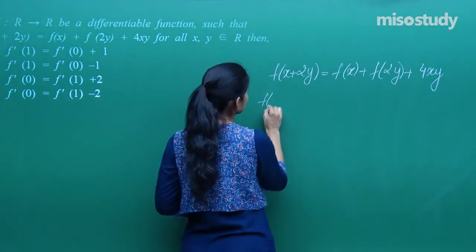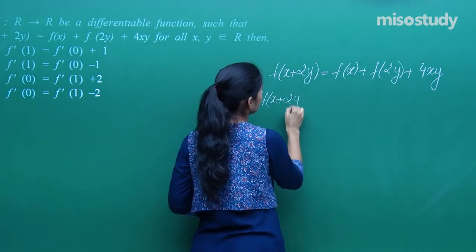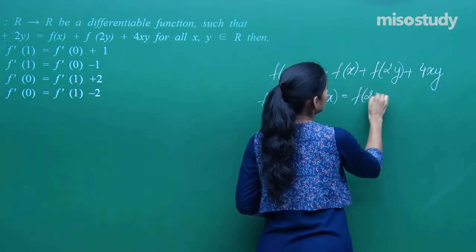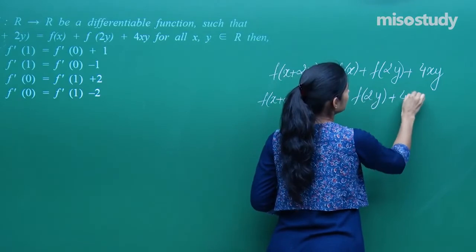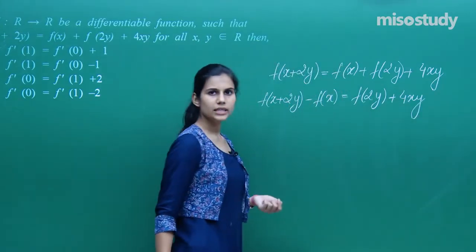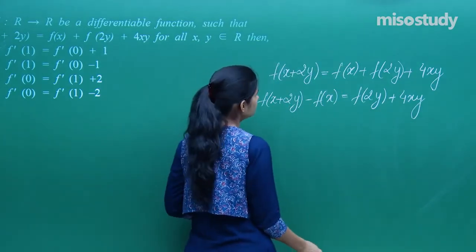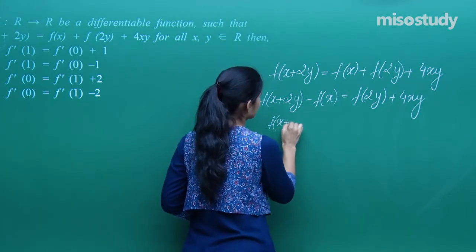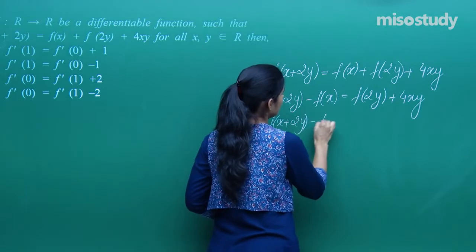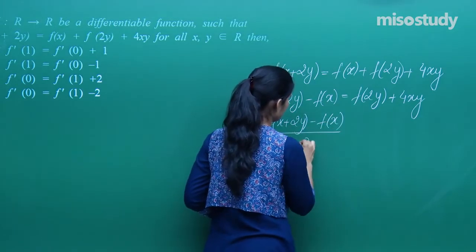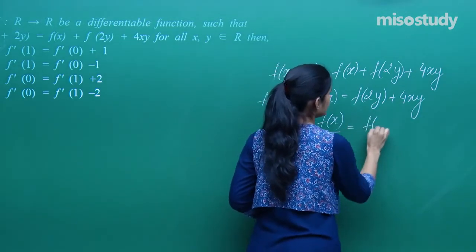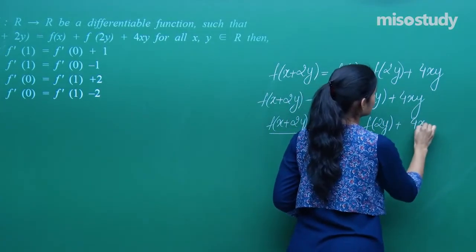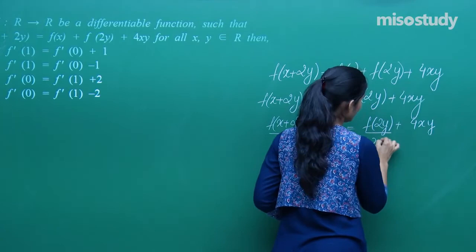So here what I can say is f of x plus 2y minus f of x is f of 2y plus 4xy. Clear? Now what you do over here is divide by 2y. f of x plus 2y minus fx, whole upon 2y, is f of 2y plus 4xy upon 2y.